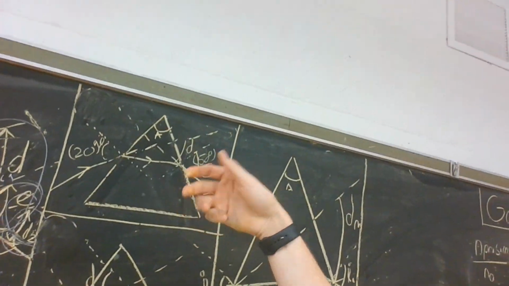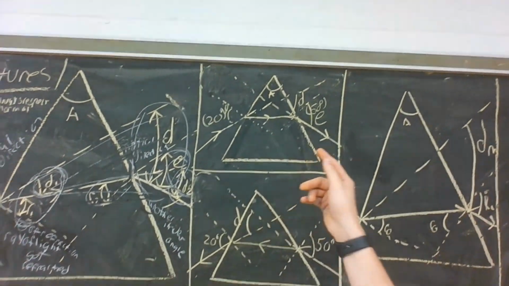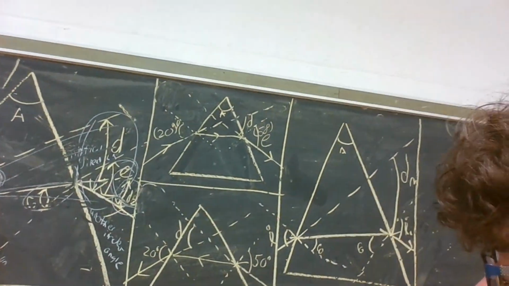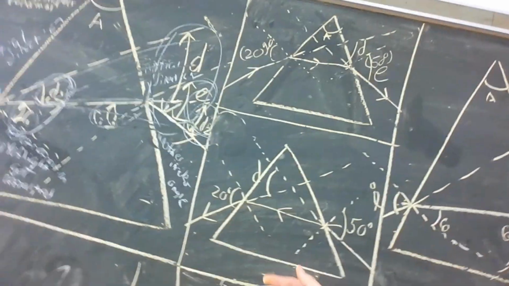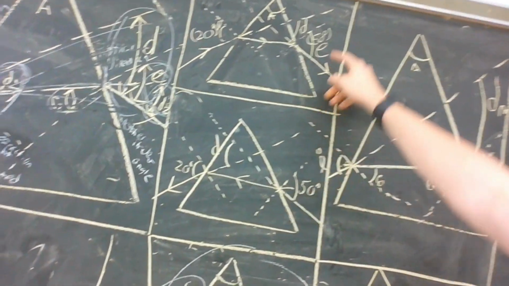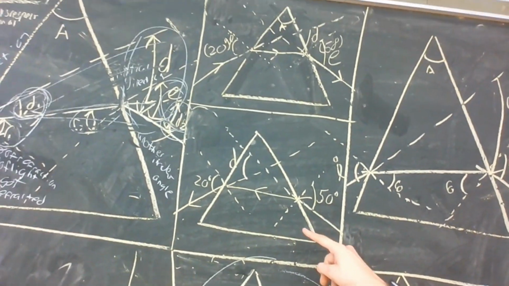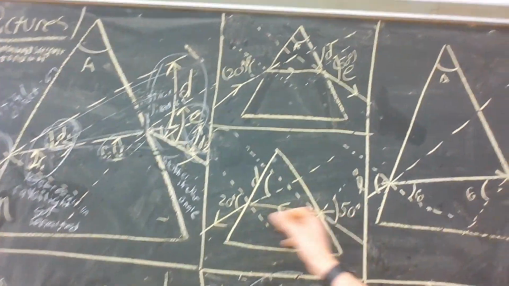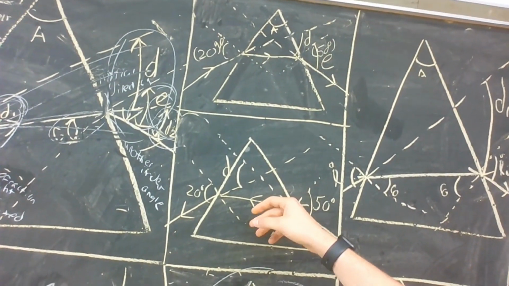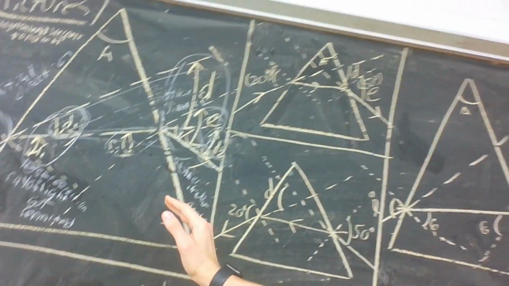The question is, based on the principle of reversibility, can this be flipped the other way and we get the same result? Yes, based on Snell's law and the principle of reversibility, if we change the angle of incidence to be 50 degrees, and then we have an angle of emergence as 20 degrees, we get that they're the same, but we just have the angle of deviation on the other side.